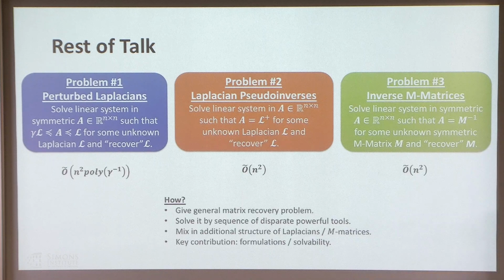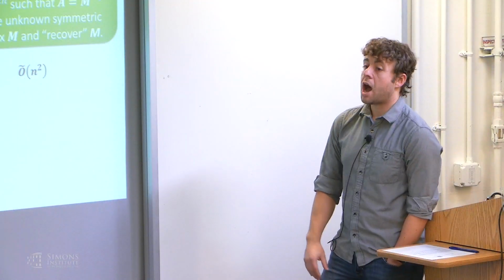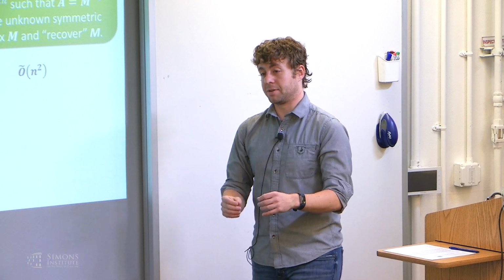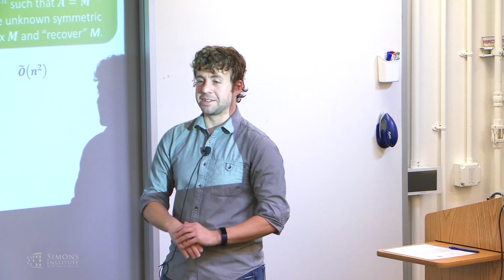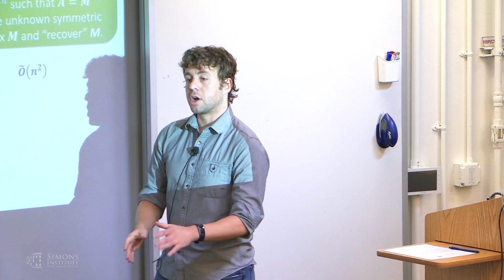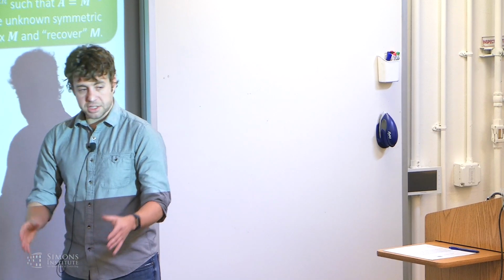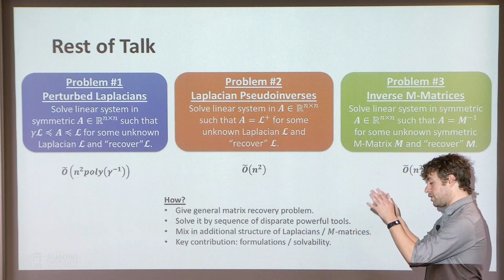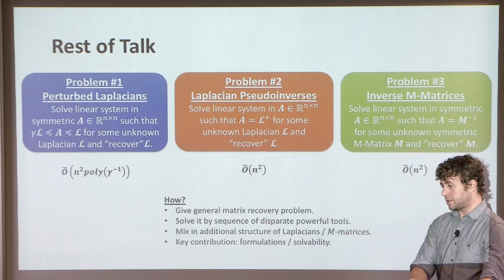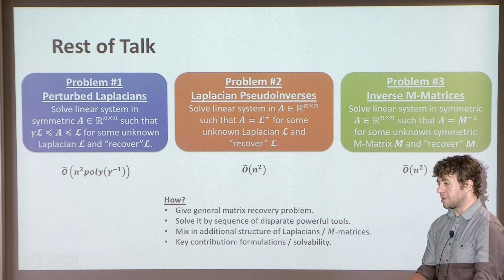Questions? Yeah, sorry, I'm missing something. So you gave these hardness results for problem 2, right? That was exactly writing down the pseudo-inverse. So technically we haven't shown hardness the other way. The hardness is just that if you have an algorithm which, given an arbitrary Laplacian, can write down its pseudo-inverse in subcubic time, you can do Boolean matrix multiplication in subcubic time.